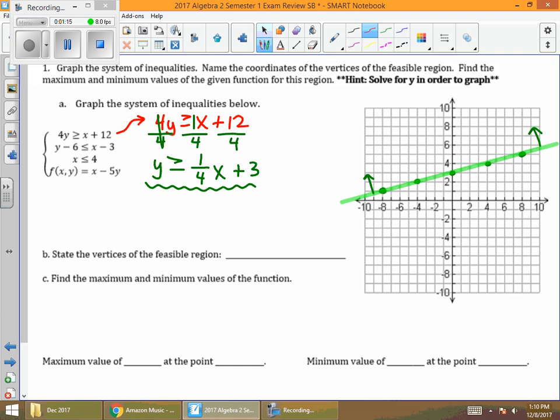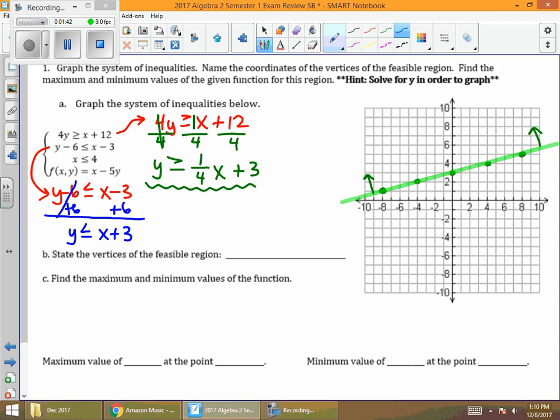All right. The second equation is y minus 6 is less than or equal to x plus 3. Oh, no, minus 3. To solve for y for this one, all we have to do is add 6 to both sides. So we end up with y being less than or equal to x plus 3.